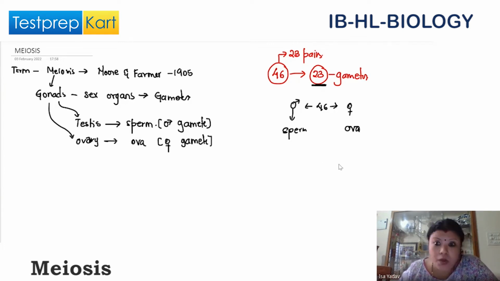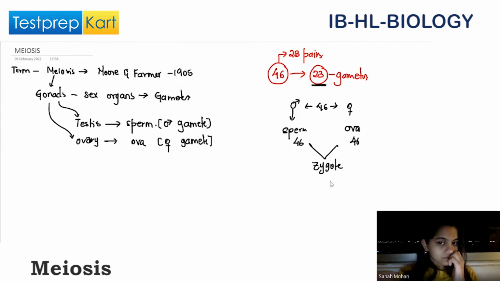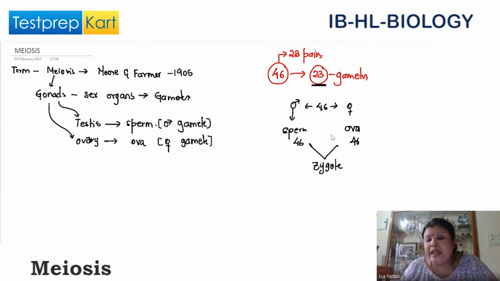Now suppose the sperm has 46 chromosomes and the ova has 46. These will fuse in the process of fertilization to form the zygote.